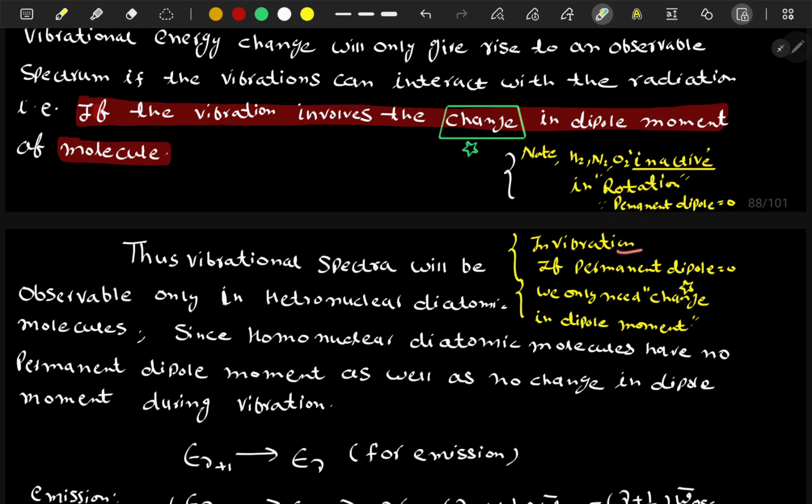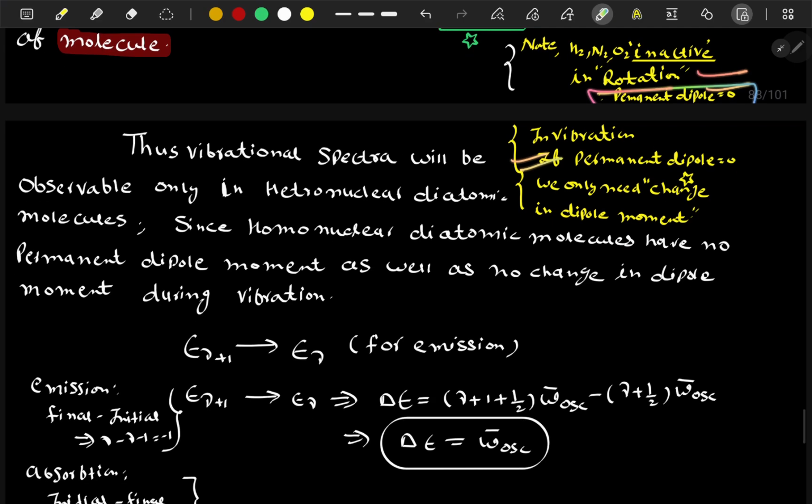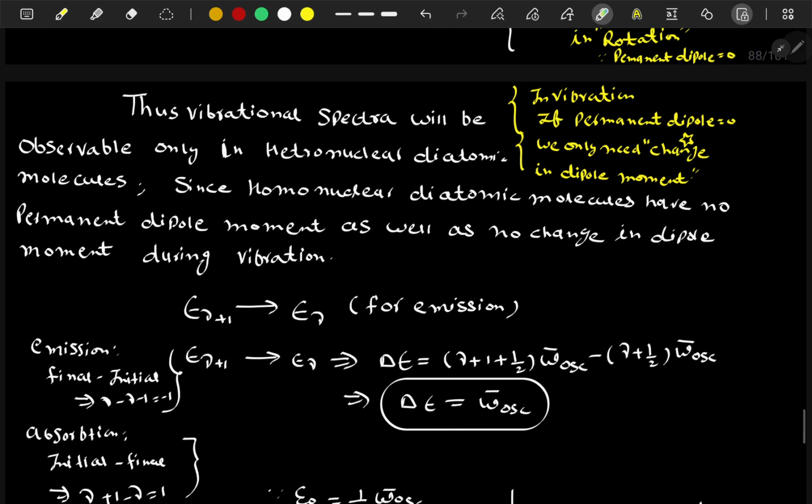But in vibration, the permanent dipole moment is 0. However, if there is a change in dipole moment, then they can show vibrational transitions. So this is the condition for rotational, and for vibrational we should focus on the change in dipole moment. Now just read this line once, you will get it.